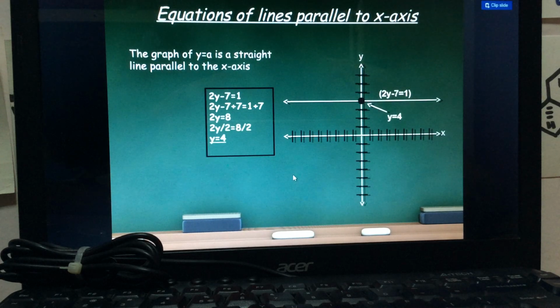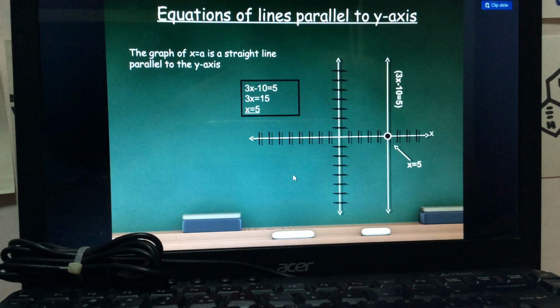Next is equations of a line parallel to the x-axis. The graph of y equals a is a straight line parallel to the x-axis. So example, 2y minus 7 equals 1. So 2y minus 7 plus 7 equals 1 plus 7. 2y equals 8. 2y over 2 equals 8 over 2, so y is 4.